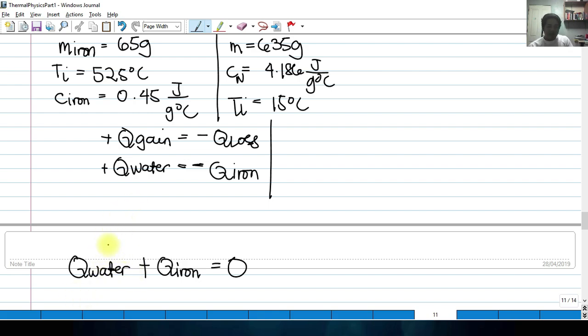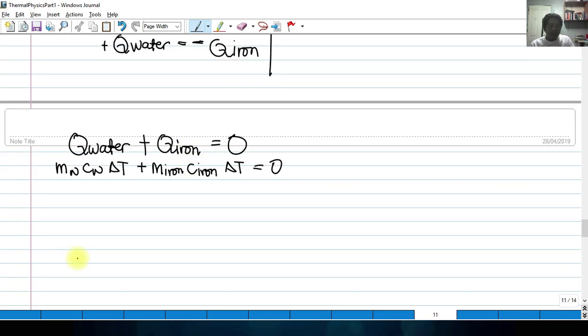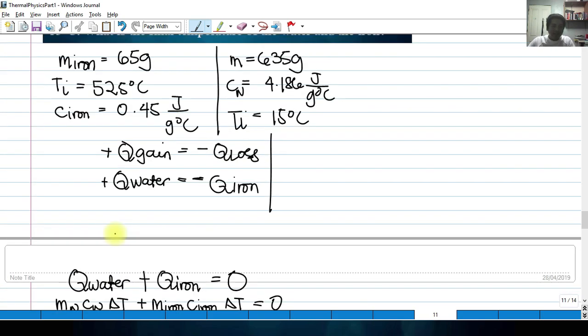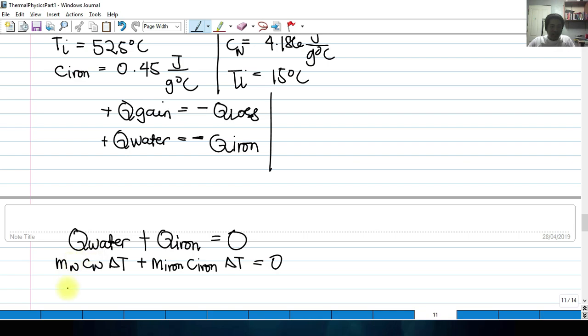Yes, we can solve. So for the Q of water, we have M of water, the C of water times delta T, plus the M of iron, the C of iron times the delta T, and that should be equal to 0. Okay, so what is the mass of water again? The mass of water is 635 grams.